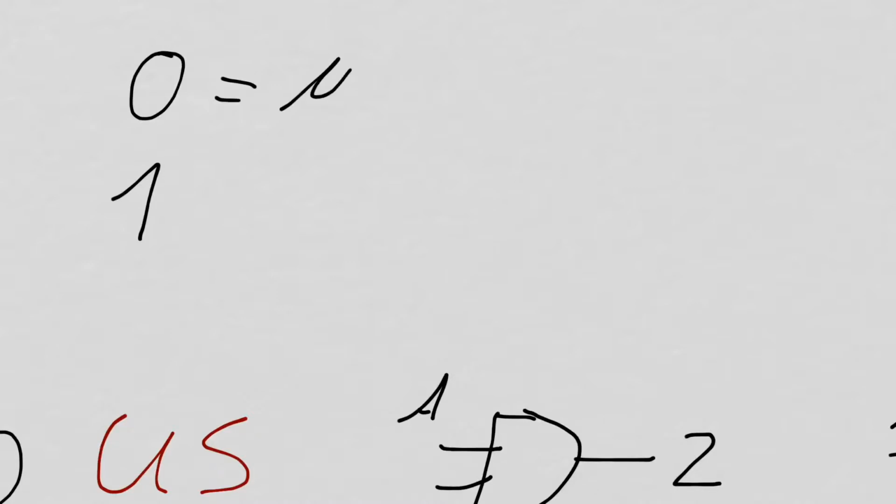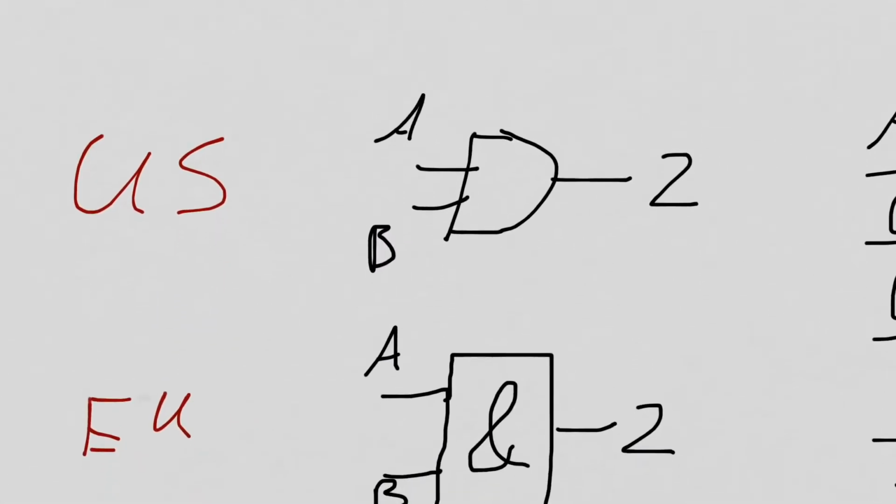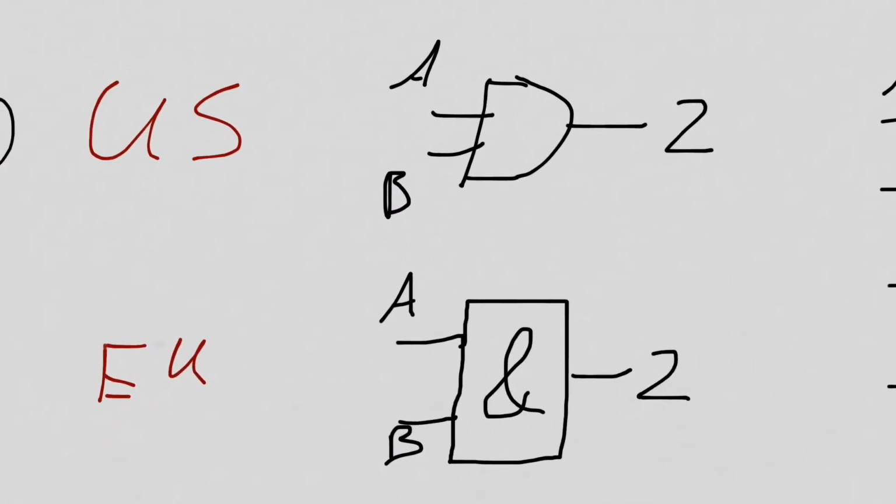The 0 is the no and the 1 is the yes, what we automaticians call a false and a true. So we only have these two pieces of information in the input. Let's say A and B are our inputs and Z is the output.